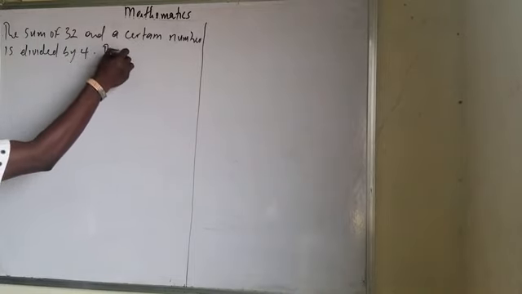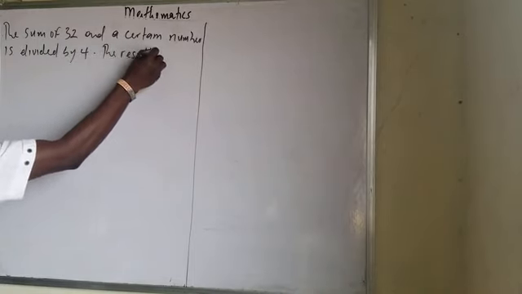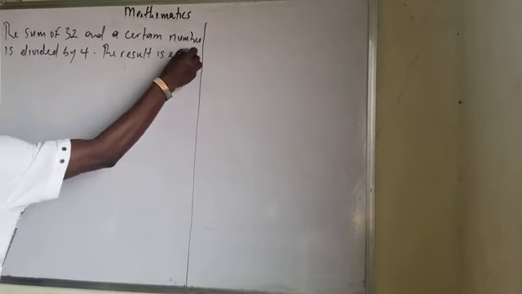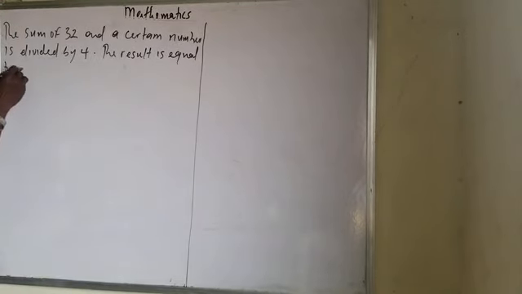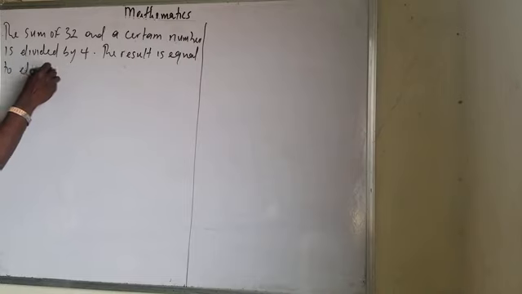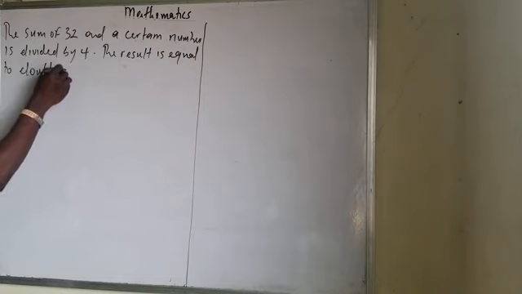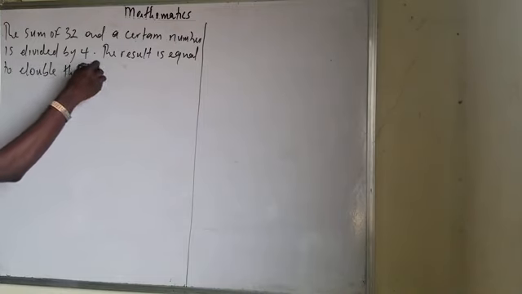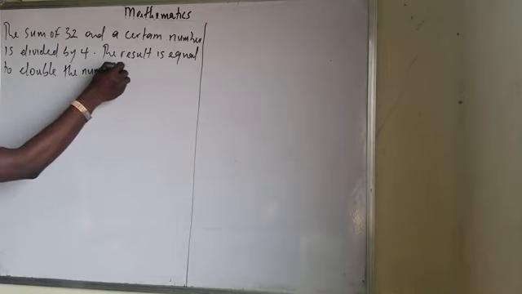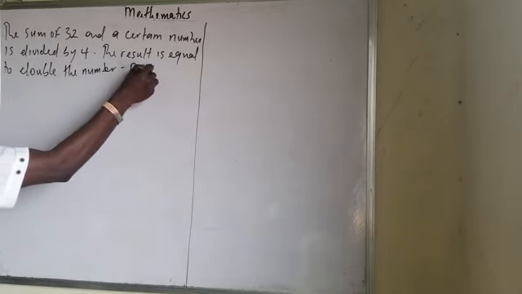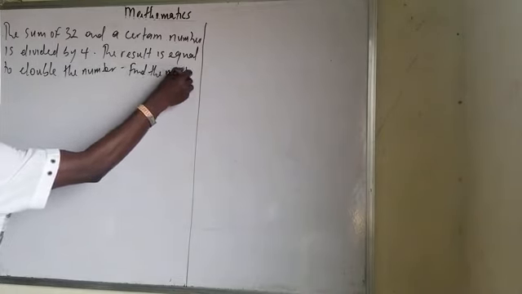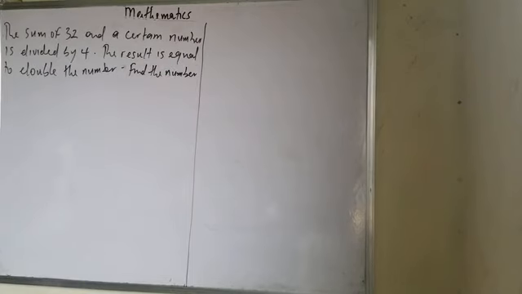The result is equal to double, how do I say that? This is not right. Double the number. Find the number. Now, look at this problem. It's a very simple one.